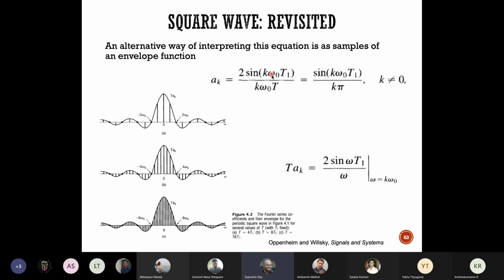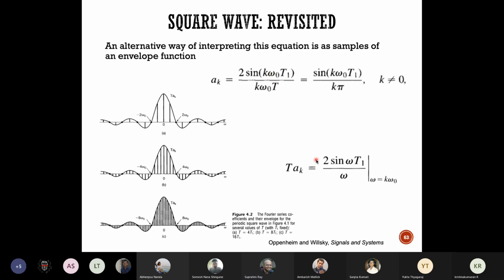Okay, so k omega naught could be written as some omega. You take the T on this side, so it becomes T a_k. And then T a_k is just 2 sin(omega T1) divided by omega, at omega equal to k omega naught.